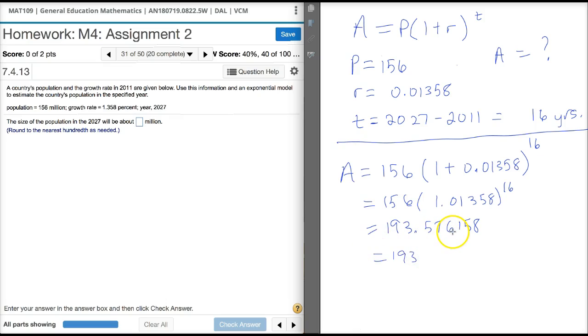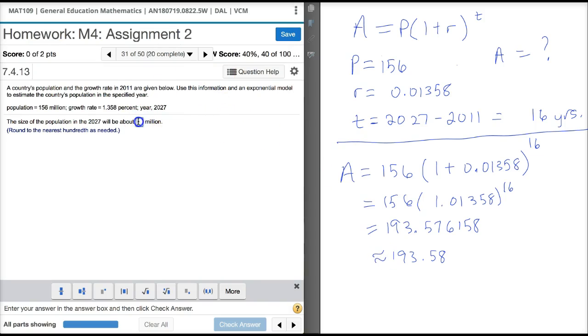So it's 7, so 6 is larger than or equal to 5. So this will round out to 0.58. And that should be an approximation sign there. So here this will be 193.58 million people. That will be the projected population in the year 2027.